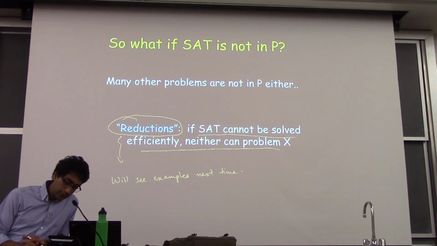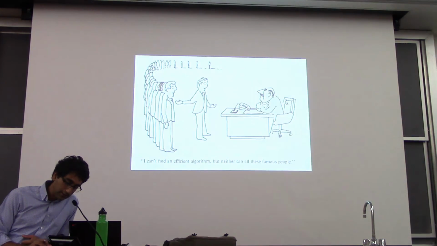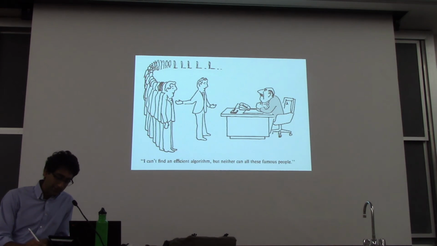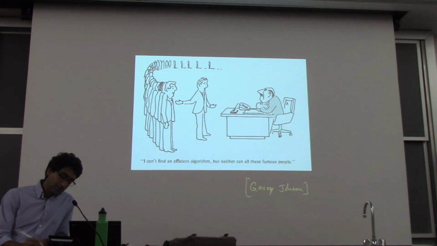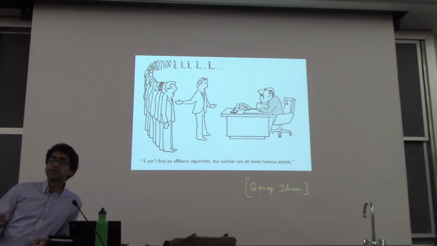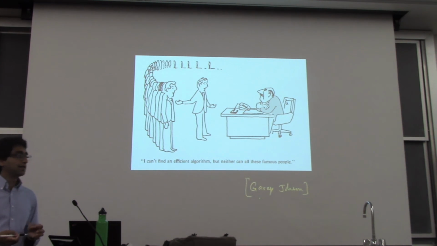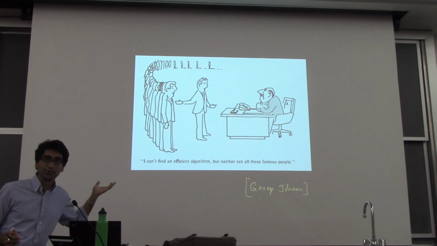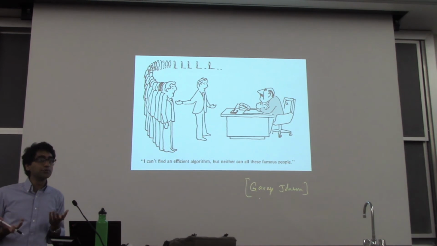I just want to end with this cartoon, from this book of Garey and Johnson. What if your boss gives you a problem and says, come up with an efficient algorithm, and you don't want him to fire you?